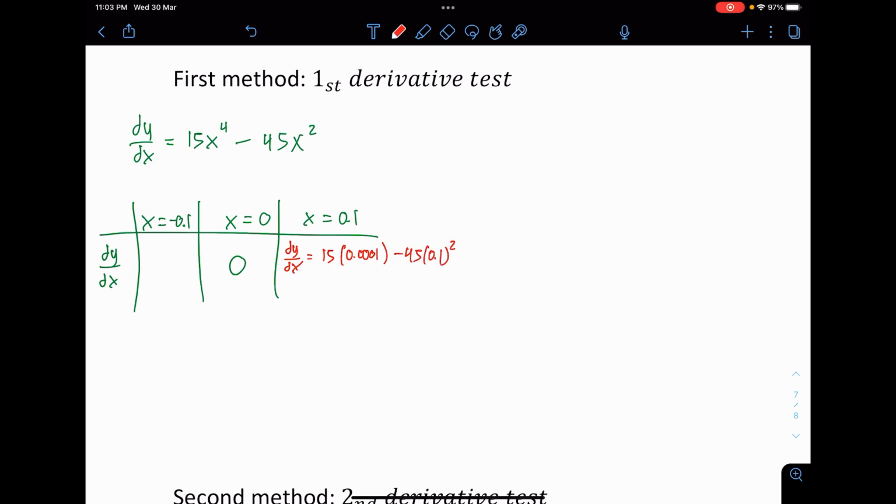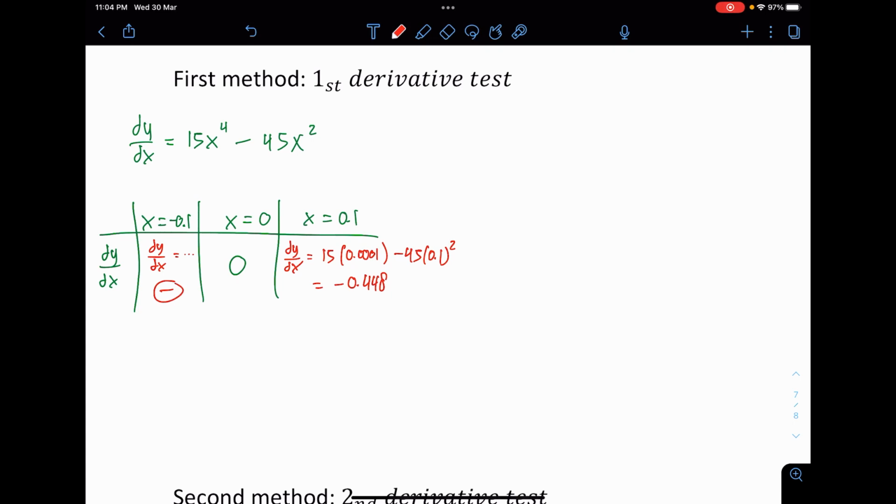Don't be shy, use a calculator to solve this. You're going to get negative 0.448. It's a negative number. I'm going to do the same thing over here. Let x equal negative 0.1. Oh wait, sorry, it's going to be negative. I pressed wrongly. It's going to be a negative number.